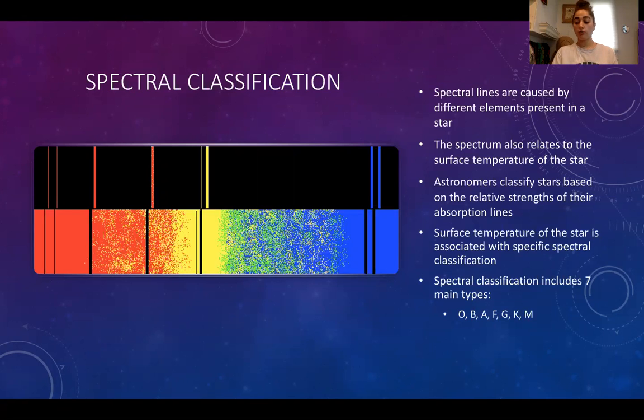From O to M, stars decrease in temperature, and they become less massive, or in other words, smaller.